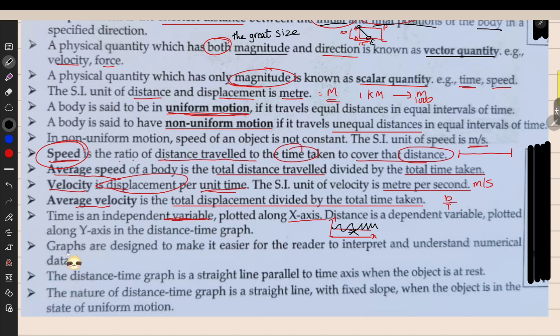Understood? Graphs are designed to make things easier. If you present it in a graph, it will be very easy for the reader to interpret, which means to read the numerical data and understand it.